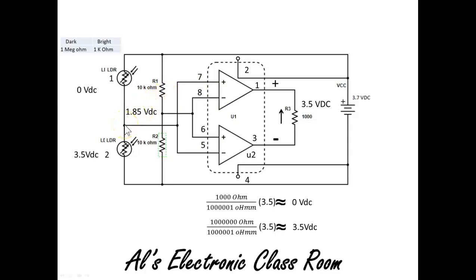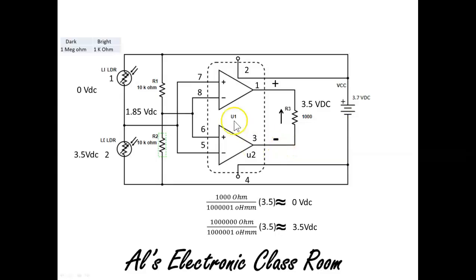So let's look at what happens here. On this state, I got 3.5 volts, on the negative input of this comparator. What's going to happen? The output is going to be driven low. In this case, since my low point is 0 volts, I'm going to go to the negative terminal of the battery, or ground.